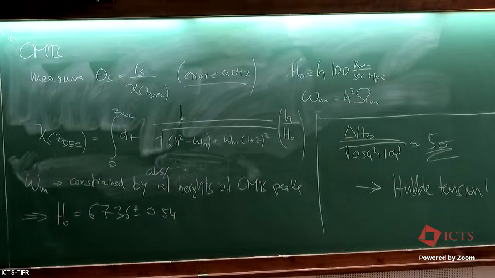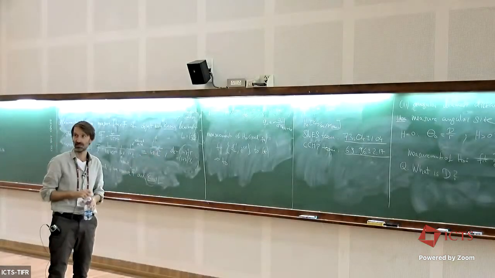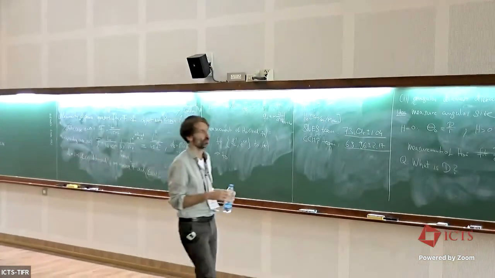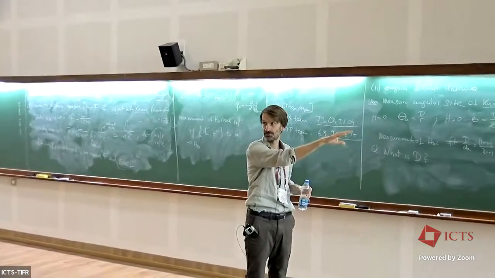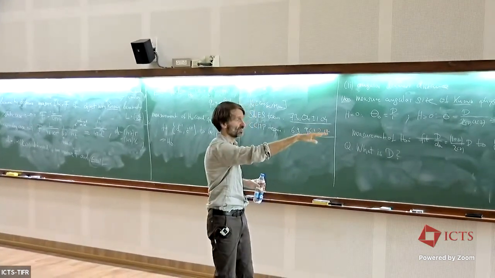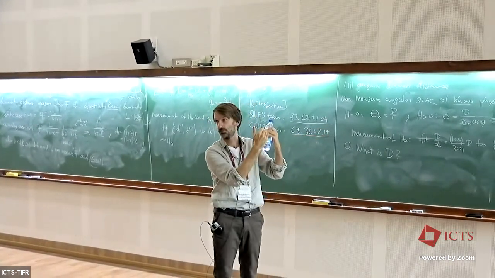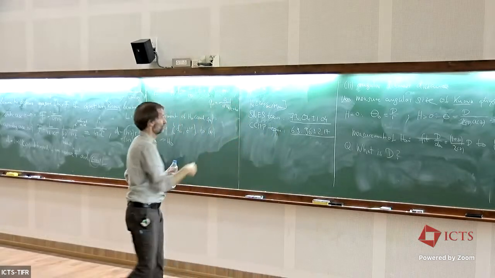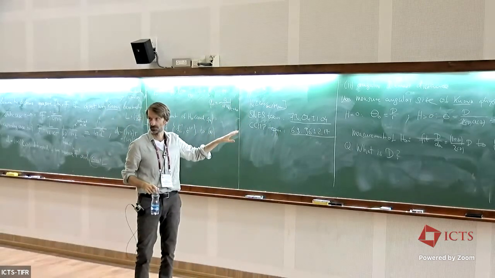This has very little model dependence. So if we trust these values, then the obvious way to go is to modify the lambda CDM model in such a way to increase the CMB prediction to one of these higher values.